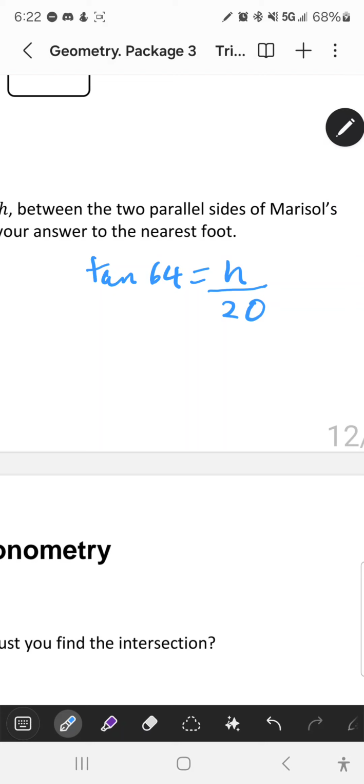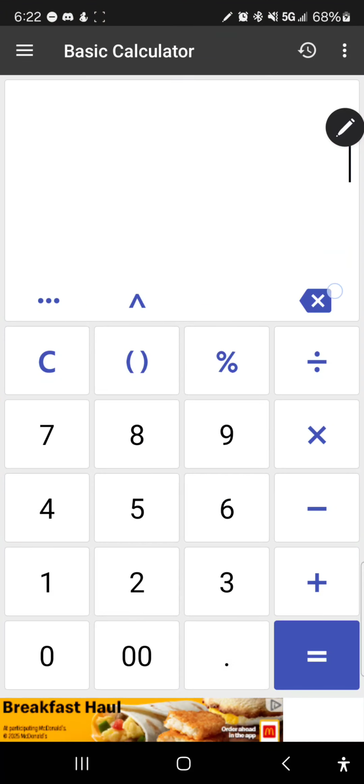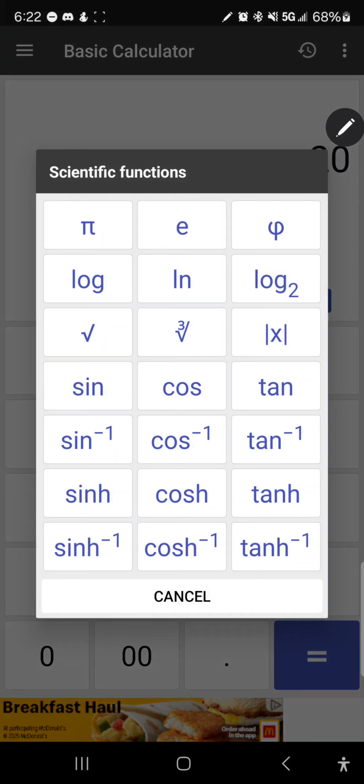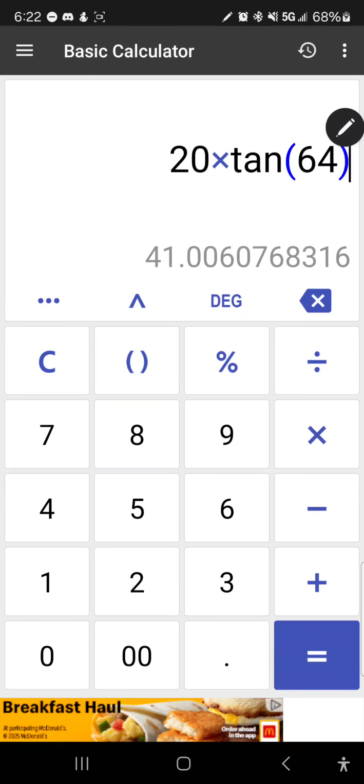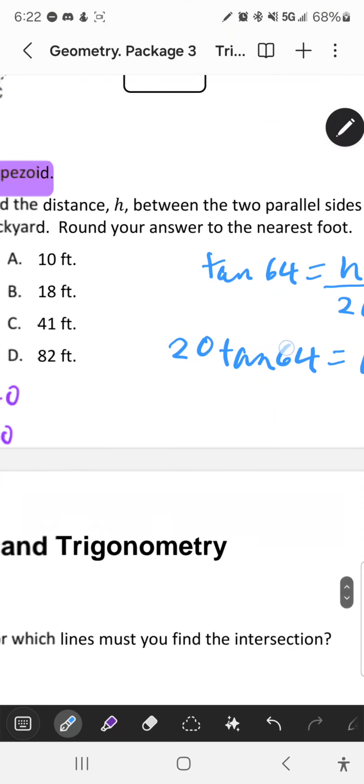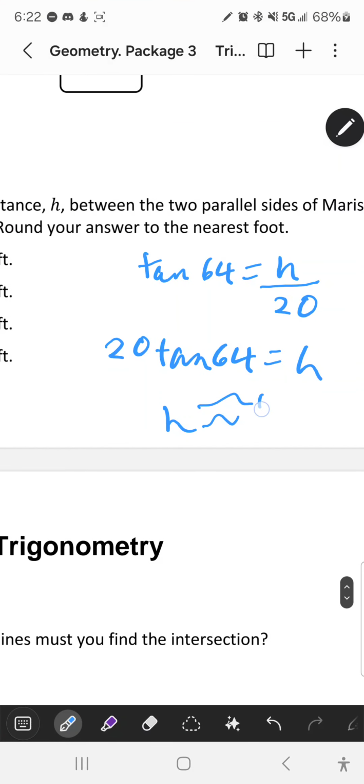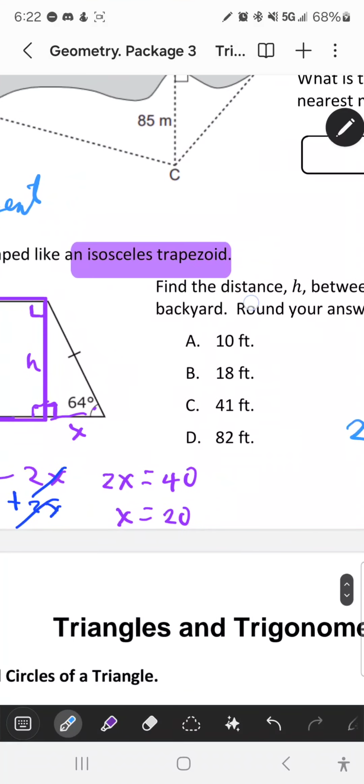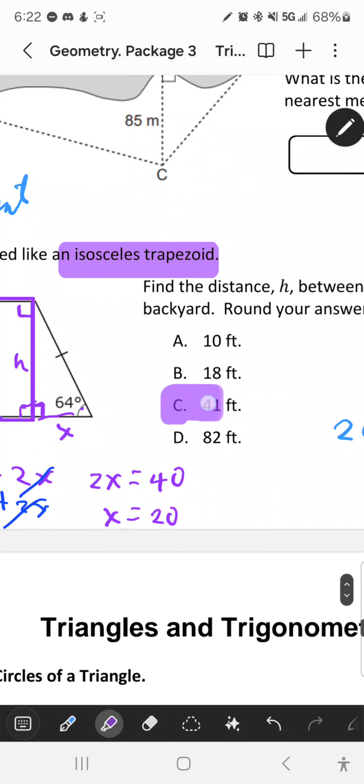So I multiply both sides by 20, and I get that 20 tangent 64 equals h. So I go to my calculator, I put a 20, I put tangent 64, and I get approximately 41. So h is about 41. Here is our answer.